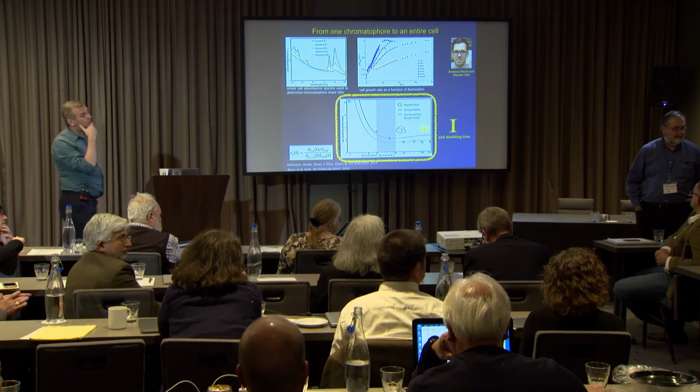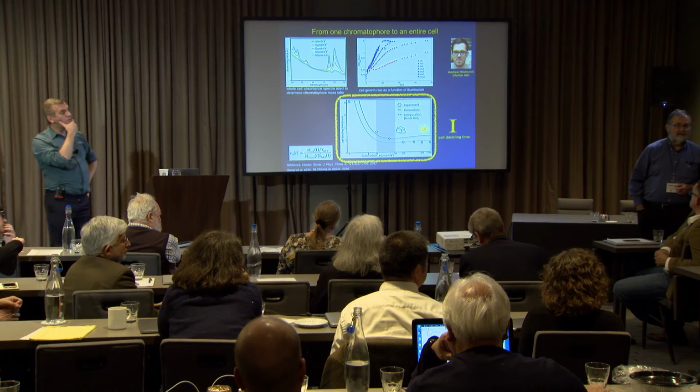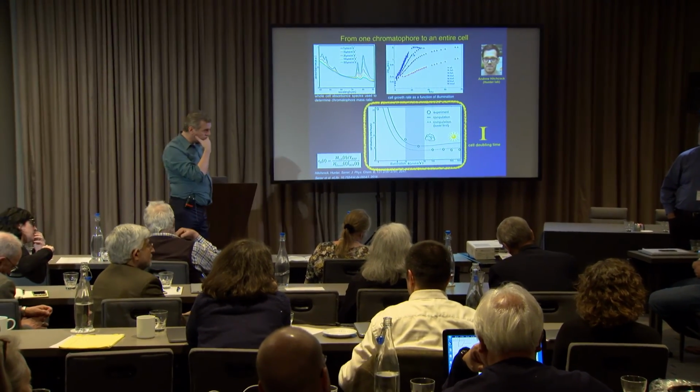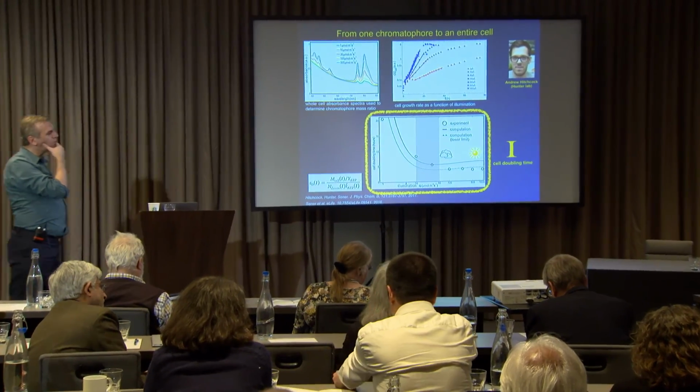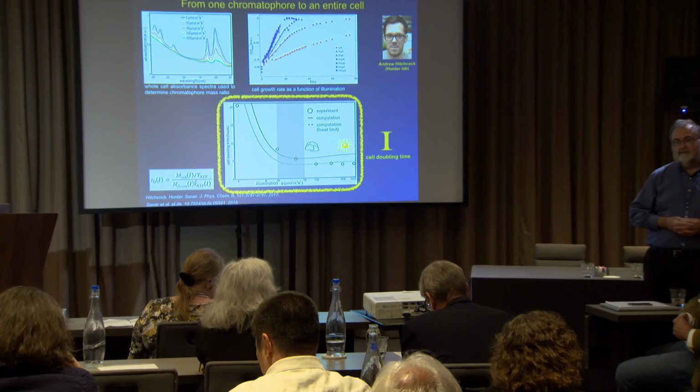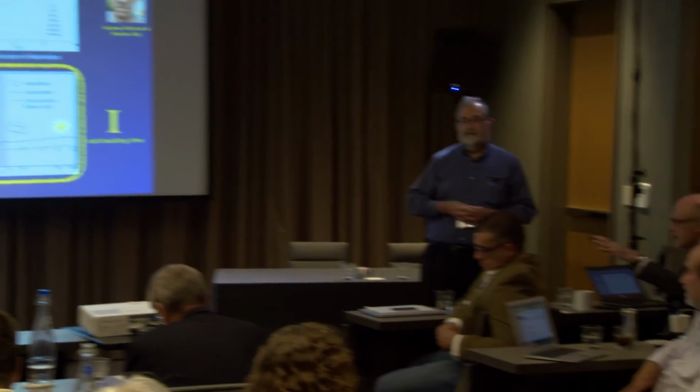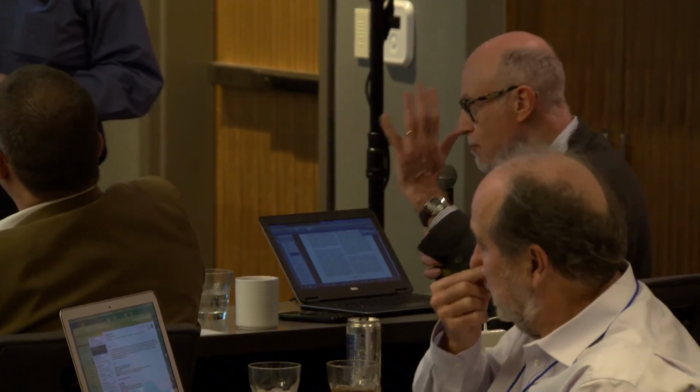Yeah, I wonder how much you've made a huge multi-scale model, but I know from the area of not photosynthetic bacteria, but other bacteria, they do flux balance analysis. That's the right language, yeah. It does this kind of thing, and essentially you measure the uptake rate of the substrate, and you determine the growth rate by how fast that can be converted to biomass.